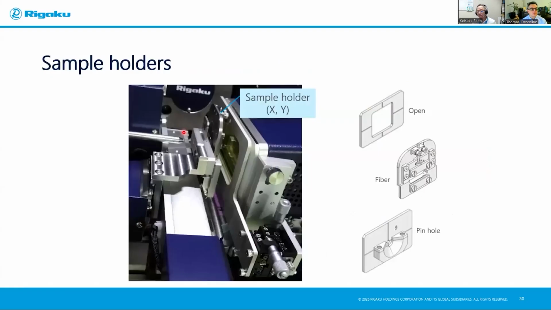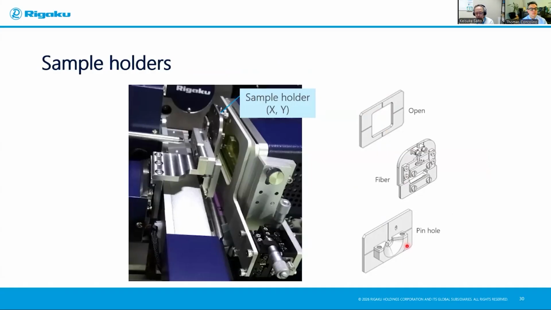In terms of sample holders, you may want a variety of them, depending on your sample shape and how you prepare the sample, like a capillary, foil, or bulk. Different shapes of sample holders are available. This one is for capillaries or bulks, for fibers, for films.